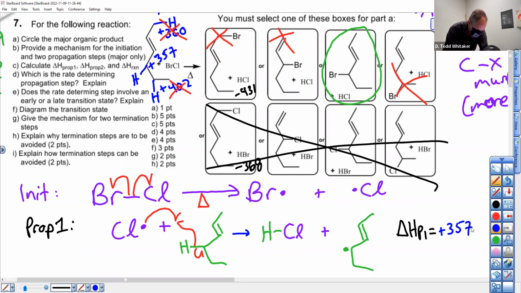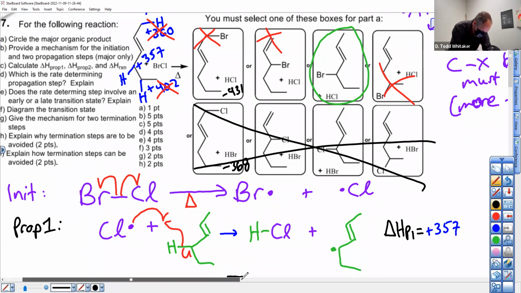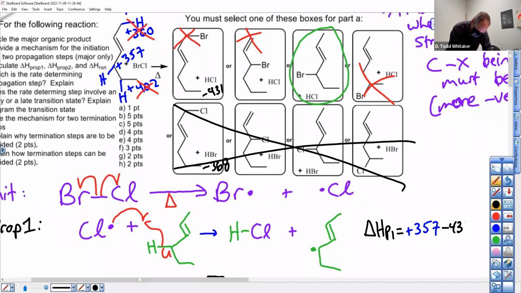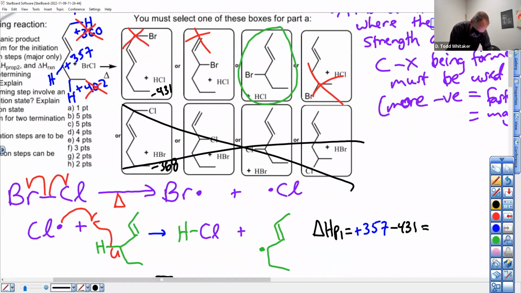Give me a number and a sign as well. So I'm going to do the big minus the small in my head here. 1 minus a 7 gets a 4. 2 minus a 5 gets a 7. And that's it, negative. Units, please, because it's the final answer. Kilojoules per mole is on the table, I promise.